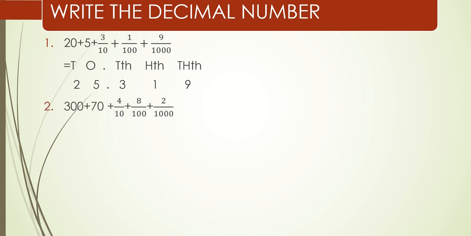Next is 300 plus 70 plus 4 tenth plus 8 hundredth plus 2 thousandth. So how will you write 300 plus 70? All of you know 300 plus 70 is? Yes, 370. Then you have some fractional part. All of you know where to write the fractional part?